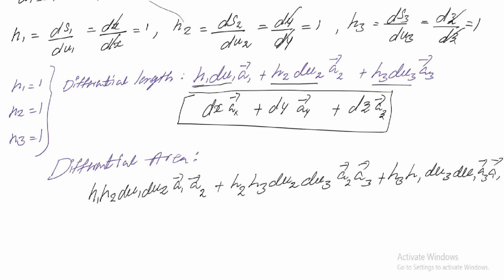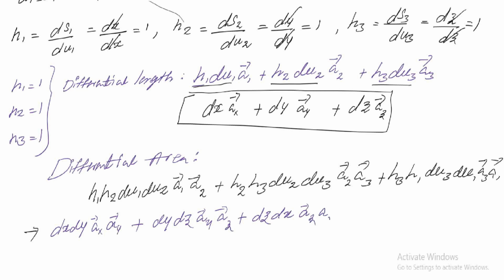Let us substitute here. If I substitute h1 h2, here you are going to get 1 into 1 is 1, du1 du2 becomes dx dy in the direction of ax ay, plus dy dz in the direction of ay az, plus dz dx in the direction of az ax. So this is your differential area.